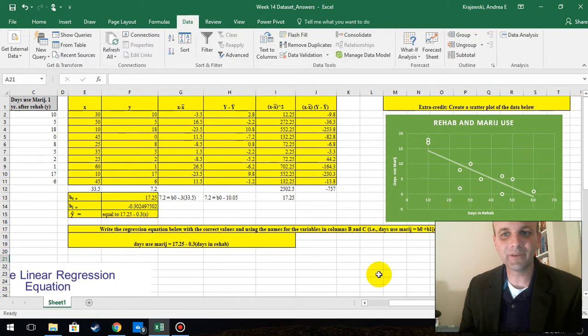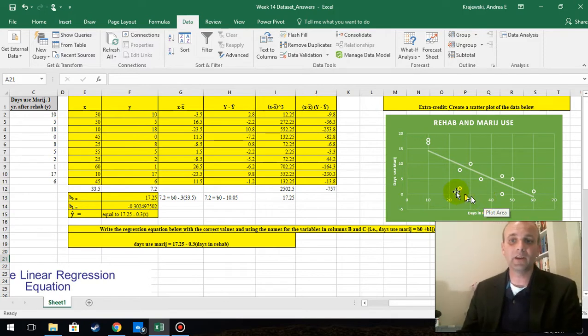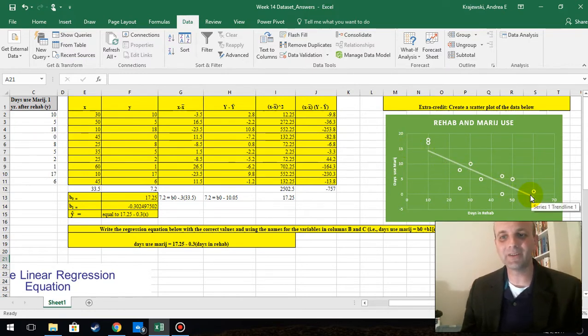That's why I kind of added this extra credit. So hopefully some of y'all tried to attempt to do the scatter plot and integrate a trend line here, but this is what we would call a regression line. If you figured out how to do the trend line itself, much more bonus points for y'all. But essentially, this is kind of how the relationship looks, right?